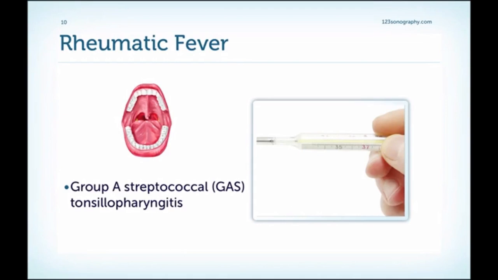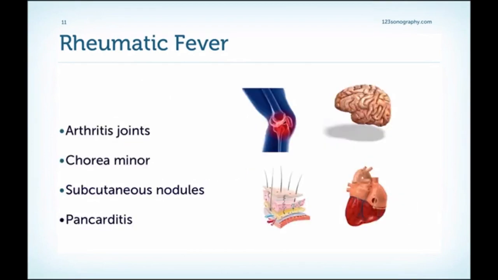Let's briefly review what rheumatic fever actually is. Rheumatic fever is caused by group A streptococcal bacteria, and it usually causes tonsillopharyngitis. Rheumatic fever not only involves the heart, but also the joints, where it causes arthritis, the brain, where it leads to chorea minor, it forms subcutaneous nodules, and finally, it can involve all 3 layers of the heart, the endocardium, the pericardium, and the myocardium.